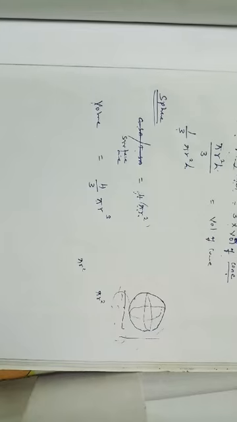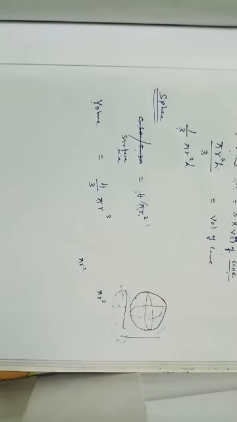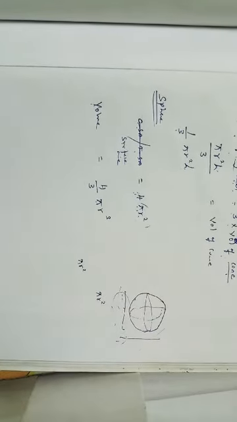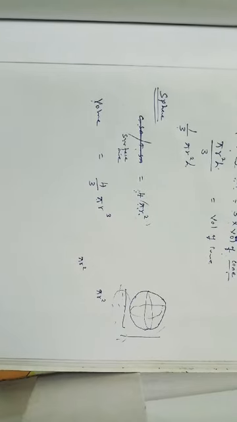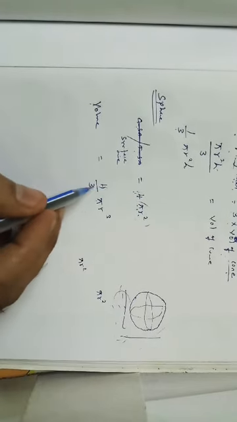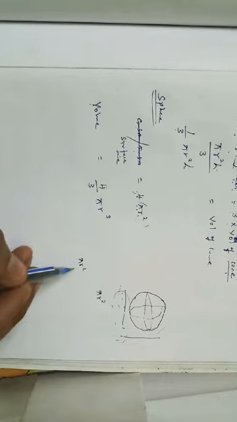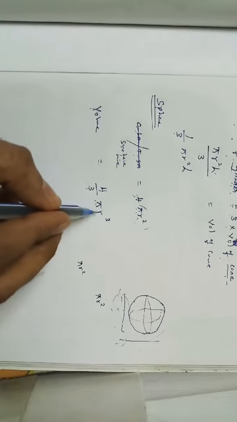But here we can't say area of a base, so we are considering pi r square into height, and whatever it may be, the height is always 4 by 3 into r. While we multiply this, we get 4 by 3 pi r cube.